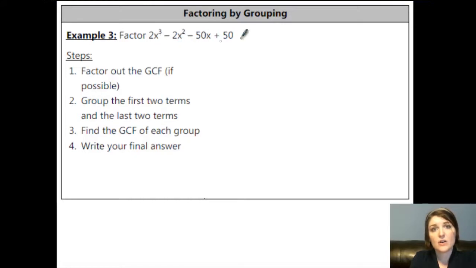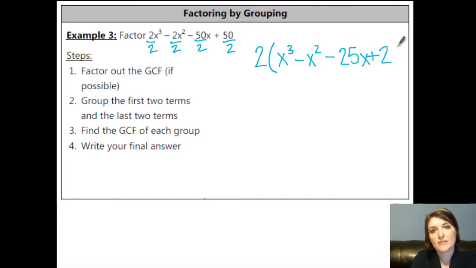I see they're all even numbers, so again, let's start by dividing everything by 2. That's a good way to start. So I'm going to divide out that 2, and I'm left with 1x to the 3rd minus 1x squared minus 25x plus 25.